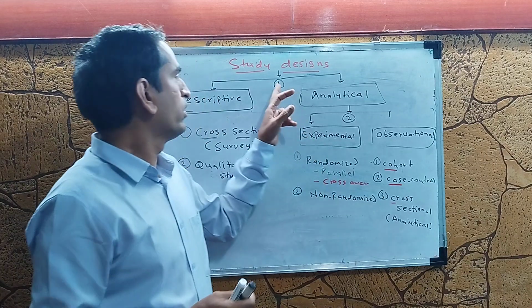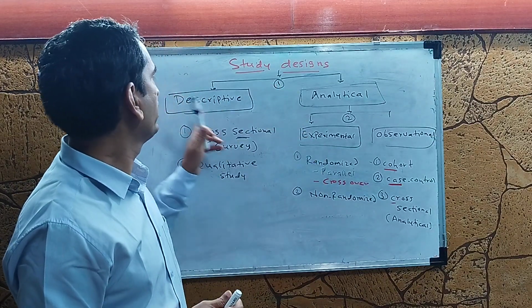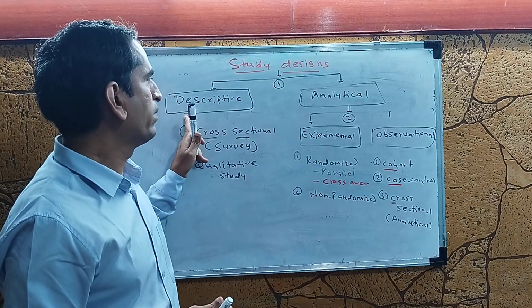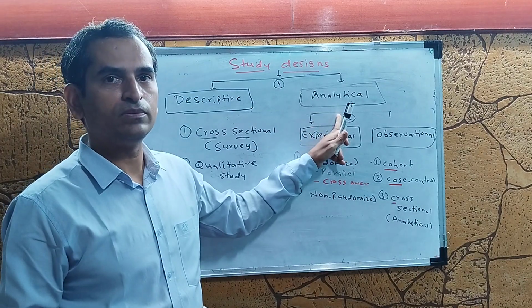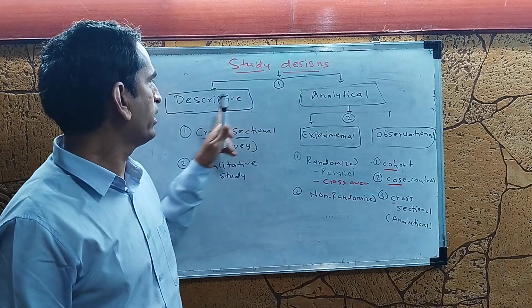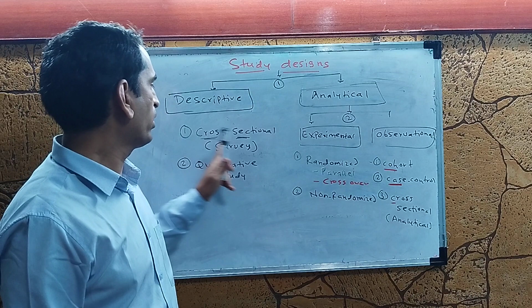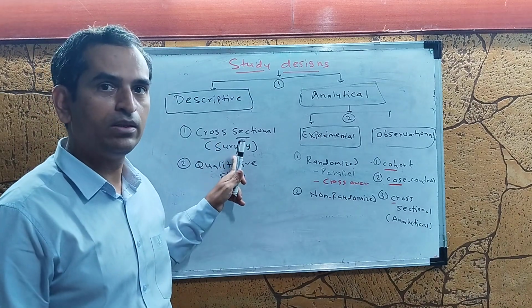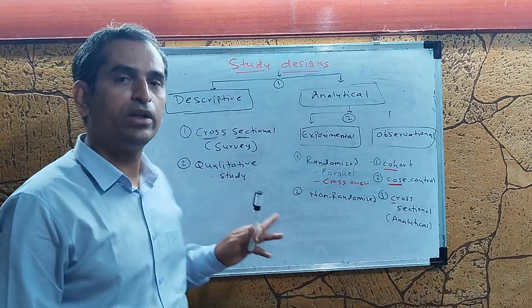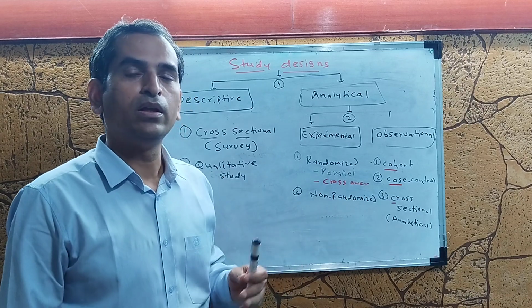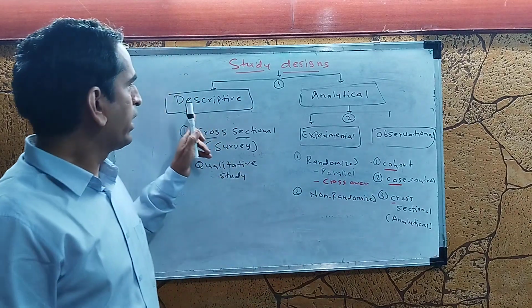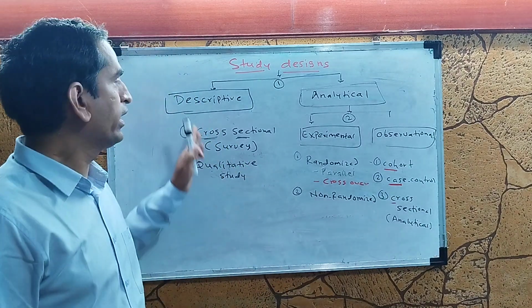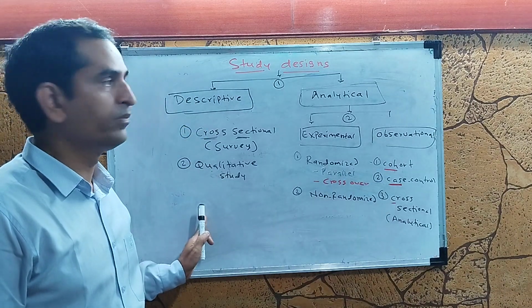Just to revise, the first question that needs to be asked is whether the study is descriptive or analytical. Once you get the answer that it is descriptive, it could be a cross-sectional survey type of study. It could be qualitative studies like interviews or focus group discussions. Case studies, case reports, and case series come under descriptive.